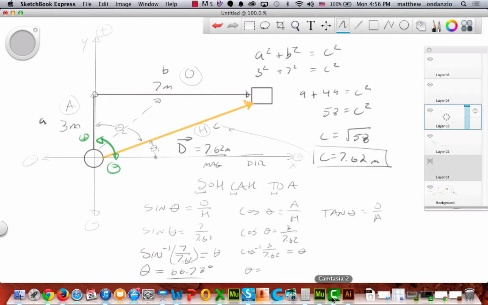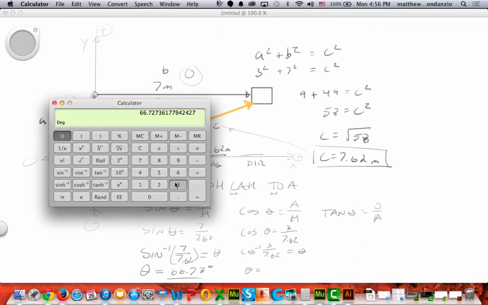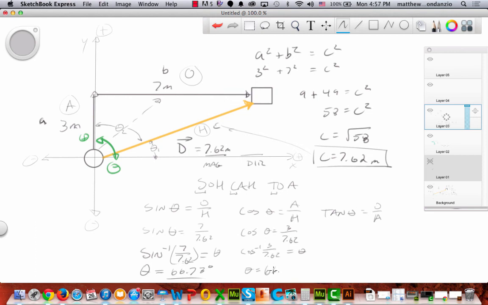So 3 divided by 7.62, and I'm going to do the inverse cosine this time. And that's, again, roughly the same number. There are some rounding errors going on. So 66.82 degrees. Again, that's because we're rounding off the 7.62 meters, and that's why we're getting some difference.